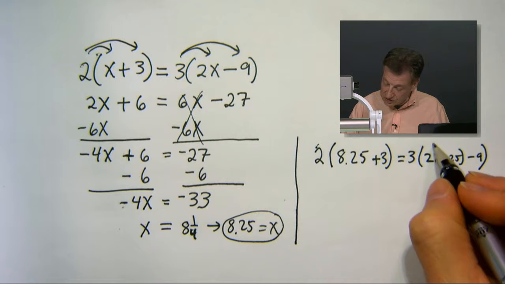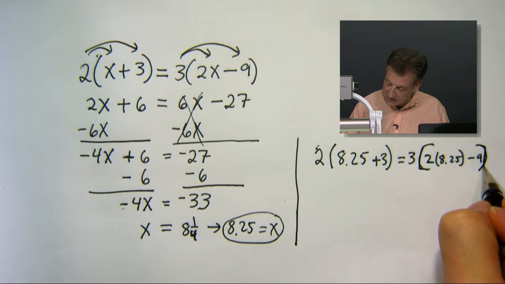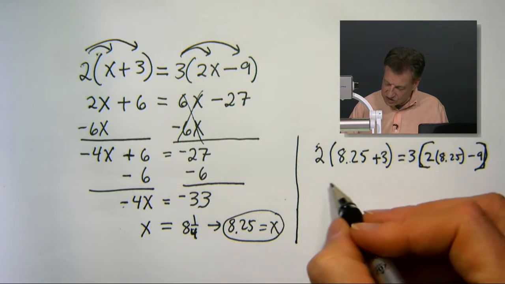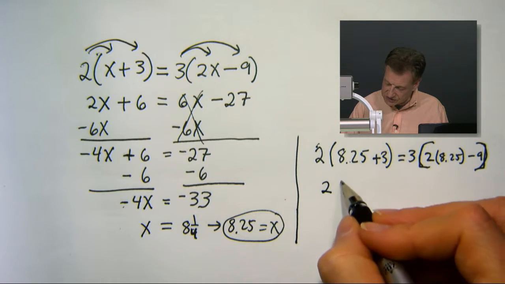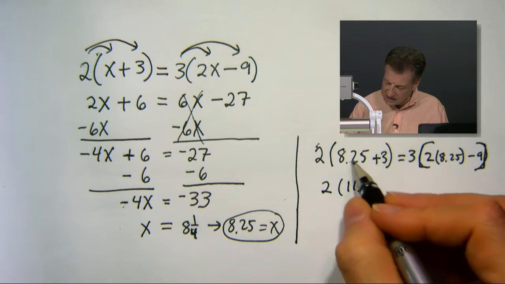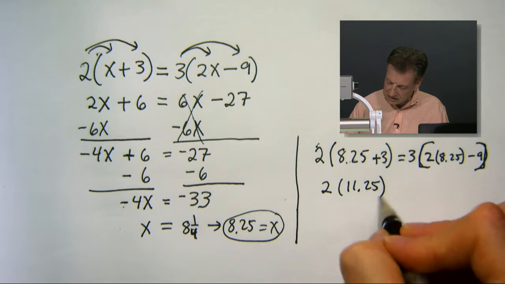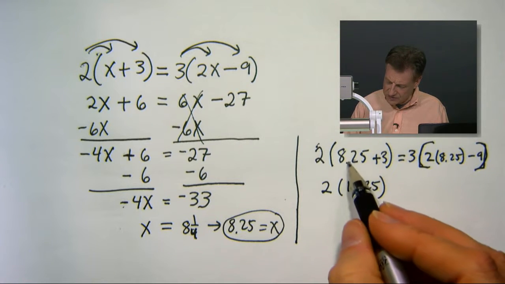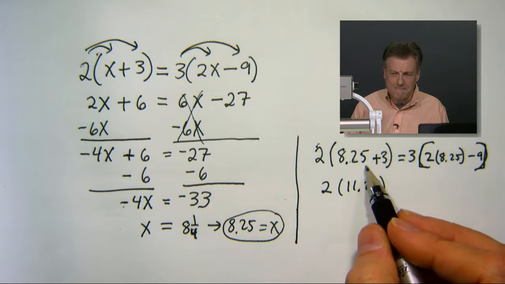Okay, and I'm going to do it. You said brackets. I like the brackets idea here. On that side over there, we'll put brackets in. So let's see what happens. First of all, I guess I need to do some addition. So I'm seeing 2 times, it looks like 11 25/100 so far. You see where I got that? Just added 3 to my 8. You with me? Yeah. Good.